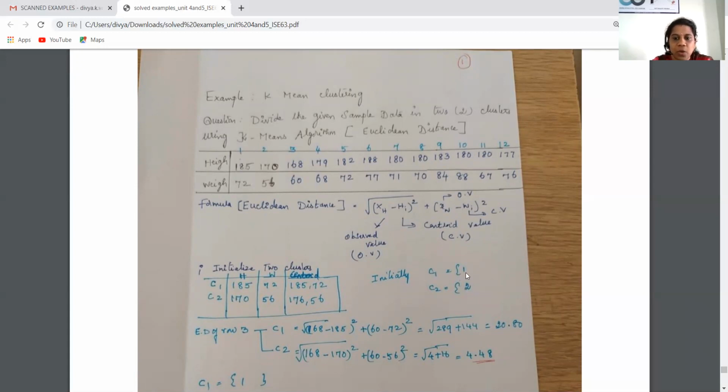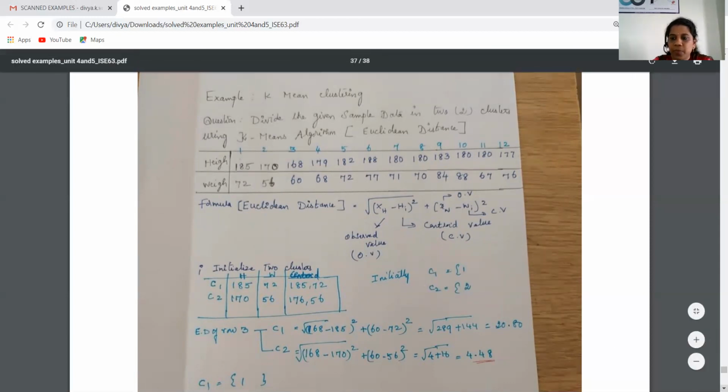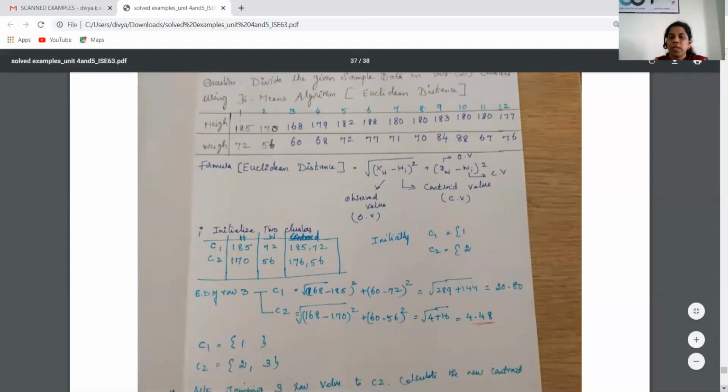The second point, height 170 and weight 56, is taken as the representative of the second cluster. So initially the mean value of the first cluster is the first point and the mean value of the second cluster is the second point.